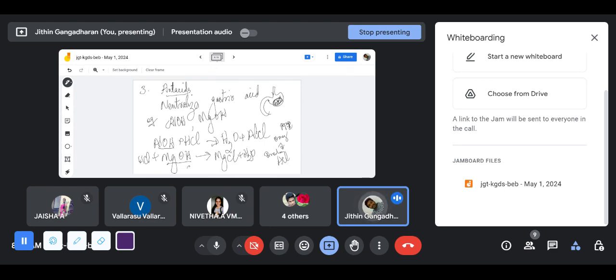Okay, and what is the main side effect of these antacids? It may lead to constipation and also decreased absorption. Why decreased absorption? For absorption, the hydrochloric acid is important, right? We have studied yesterday about food.